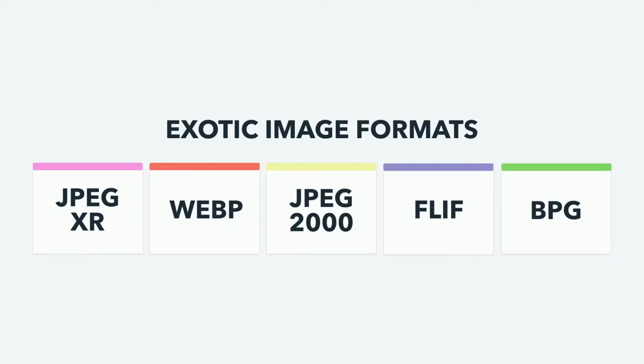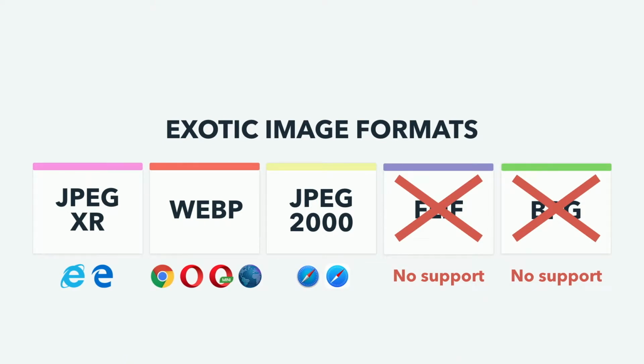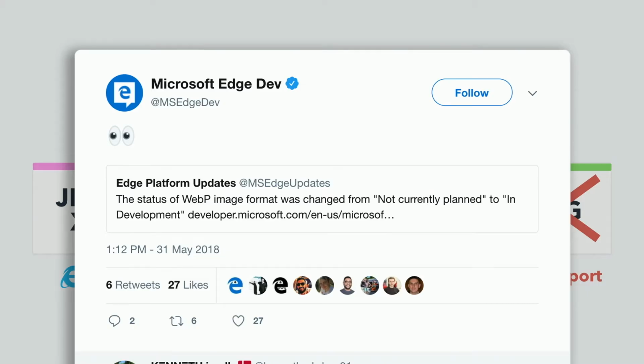Then there are also exotic image formats. So there's JPEG XR, WebP, JPEG 2000, FLIF, and BPG. And now we're entering cross-browser land. We've got JPEG XR in the Microsoft universe, WebP in the Google universe, and JPEG 2000 in the Safari universe. And yesterday, actually, I discovered Microsoft will support WebP, which kind of changes the picture a little bit.